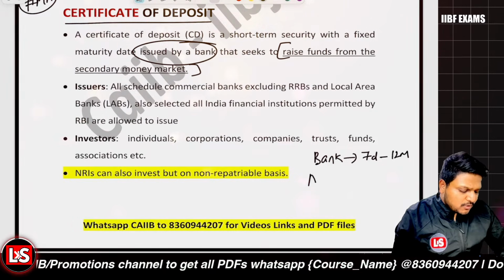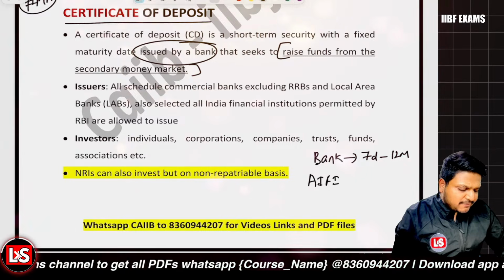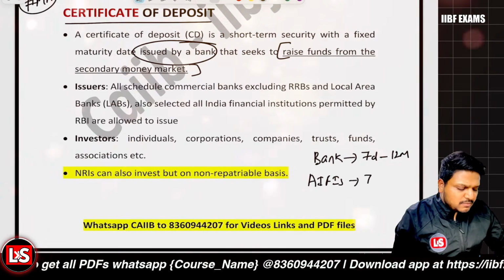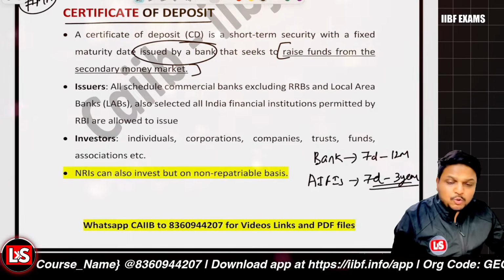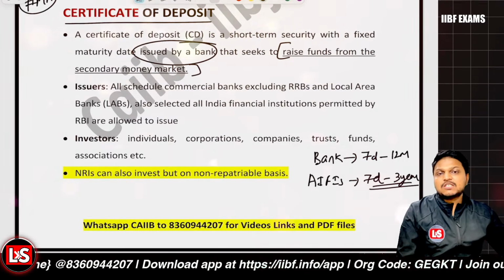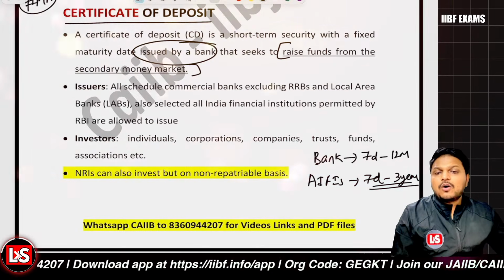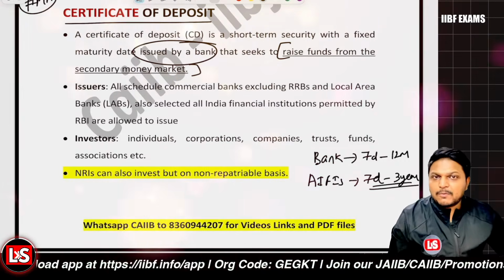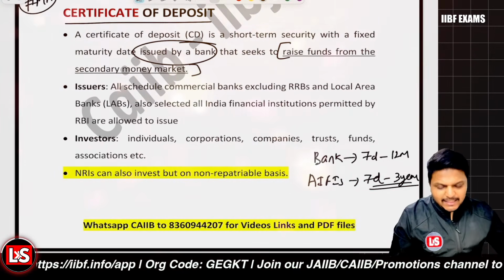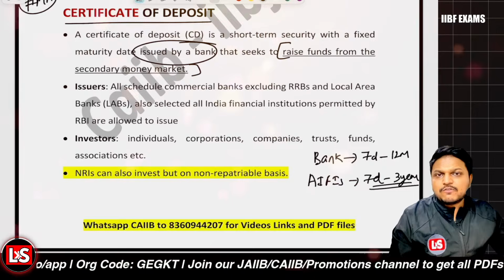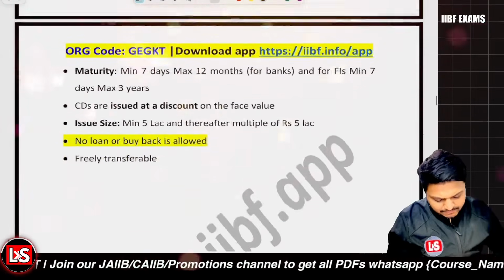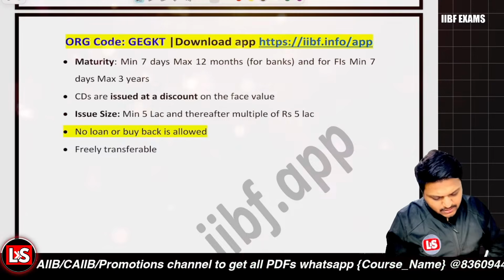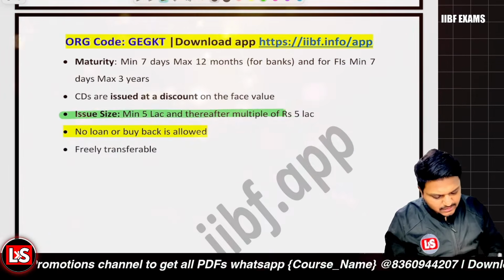But if it is issued by the All India Financial Institutions, AIFIs, the minimum maturity is 7 days, but the maximum maturity can go up to 3 years. And what is the denomination? Like we discussed in the case of commercial paper, the denomination is 5 lakh rupees and thereafter.